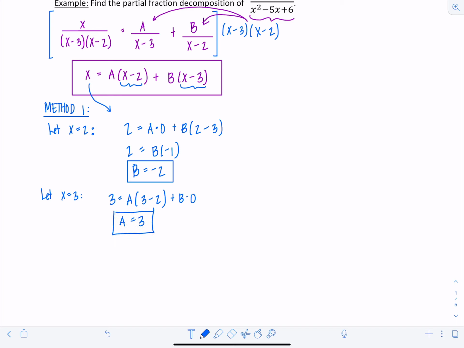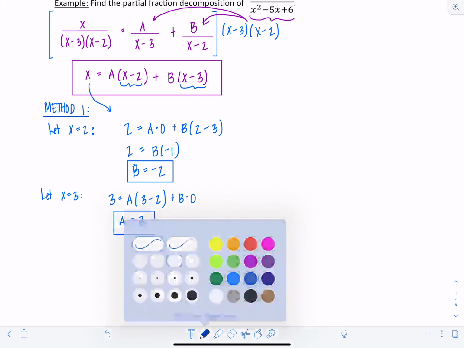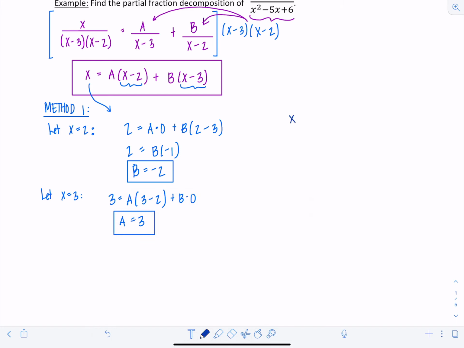And then when you write out your final answer, you always want to write it out that you have the original rational expression. It was x over x squared minus 5x plus 6 equals, now a was over x minus 3, so I have 3 over x minus 3 minus, or you could put plus negative 2 over x minus 2.